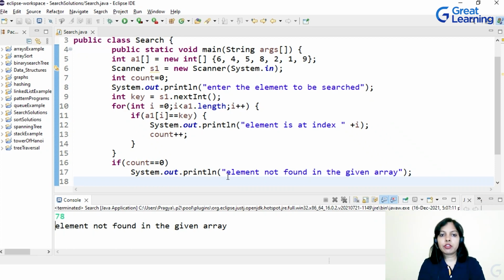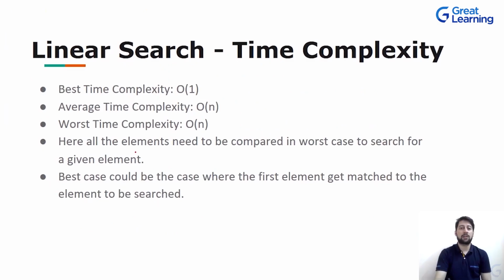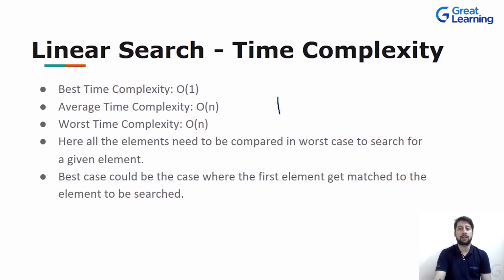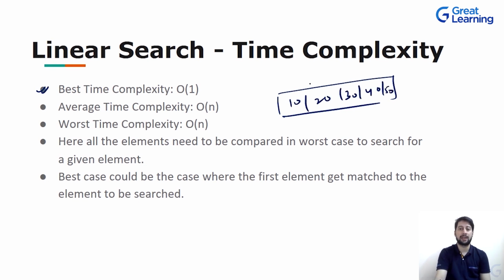So we saw the implementation of linear search in Java. Now let's talk about the time complexity of linear search. If you observe carefully, let's try to understand the best case. Suppose these are the elements in the array, and you're looking for 10, and 10 is the first element.